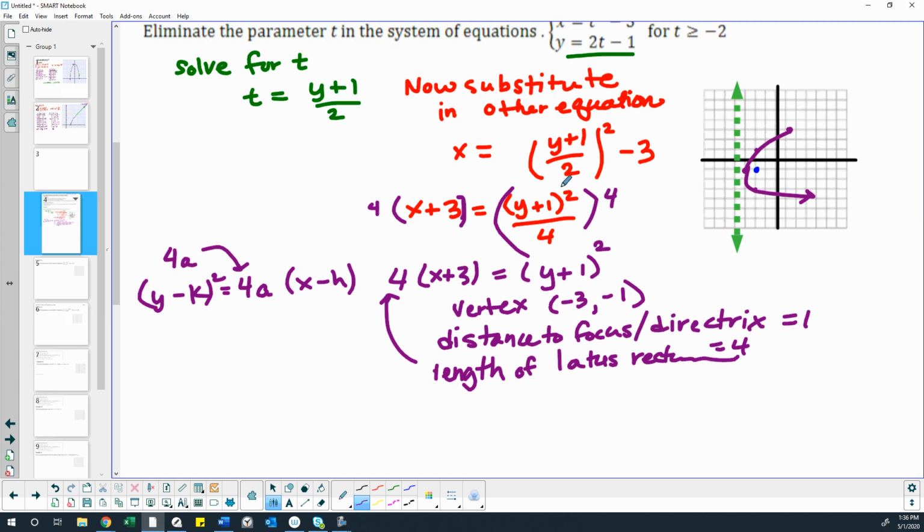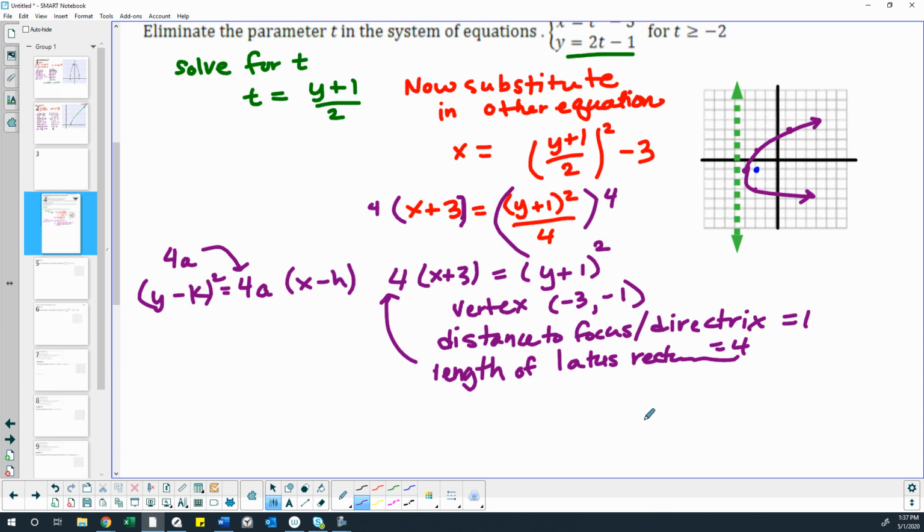So, how many of you have this problem from when we did it on Wednesday? This goes along with example 1 from Wednesday. It's the same one, but we graphed the parametric equations in that case.